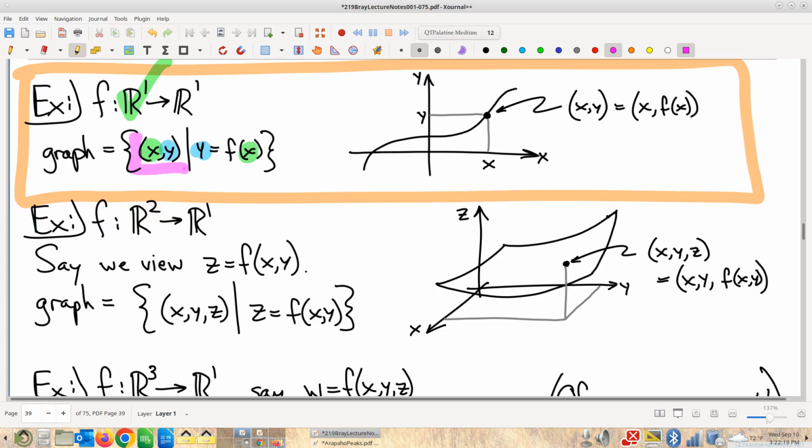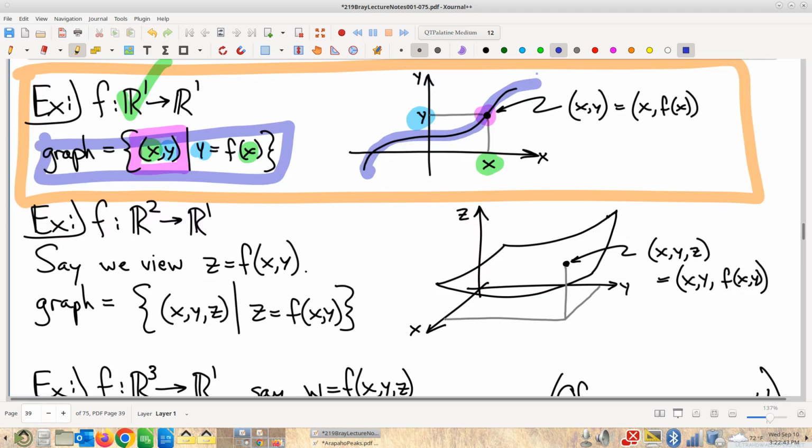You take the input x and the output y, and between the two of them, that gives you this point x comma y. That's a point on the graph, right? X coordinate, y coordinate. And altogether, the collection of all such points is the graph.